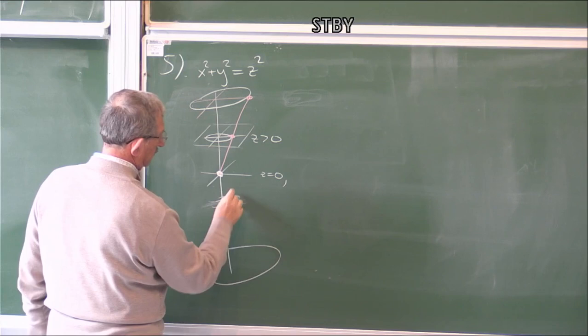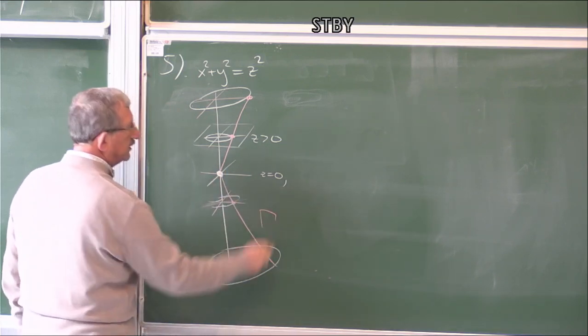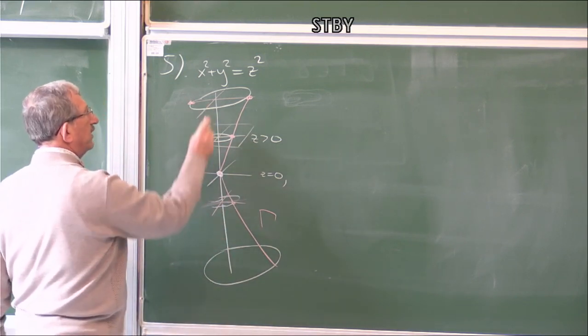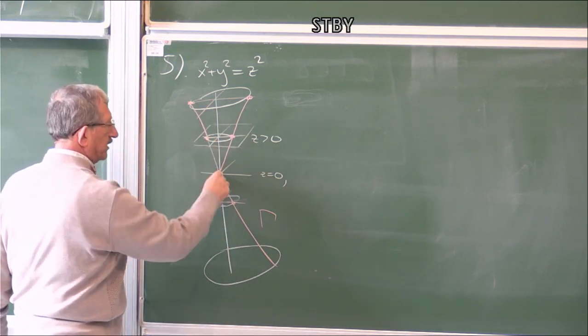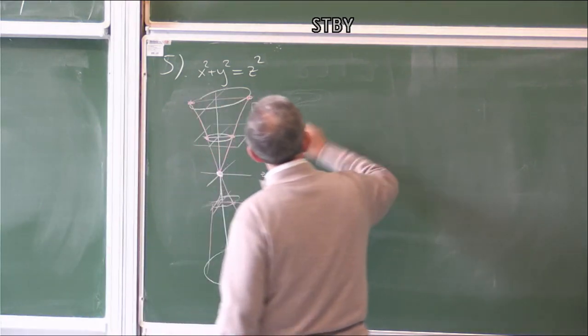Well, that should be parallel somewhere here, and so on. So if this is the curve gamma, we have the symmetric version, of course, on the other side, and so on. Calling this gamma.